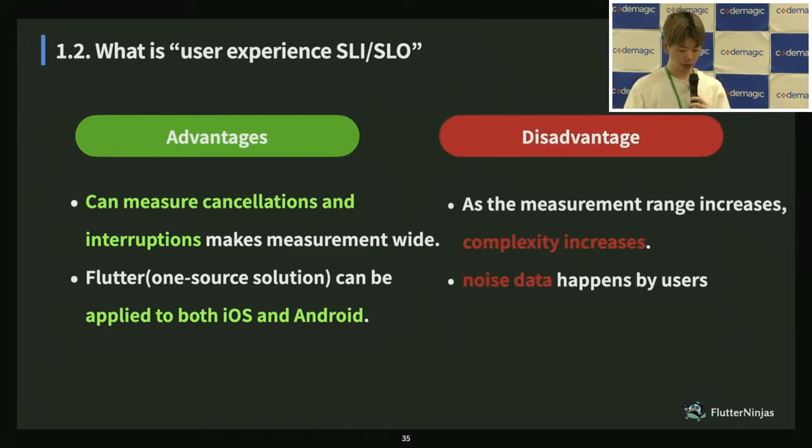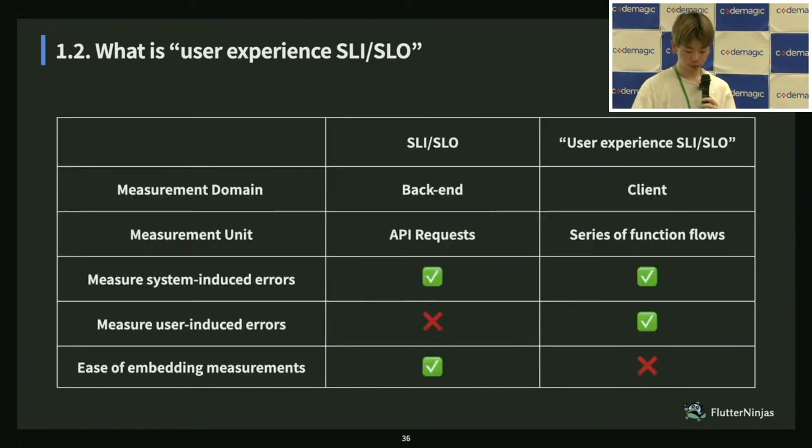First, as the measurement range increases, the complexity increases as well. Second, noise data will be caused by users. This is a summary of this section. I just talked about the difference between general SLI, SLO and user experience SLI, SLO. After that, I will talk about the difference between these two.